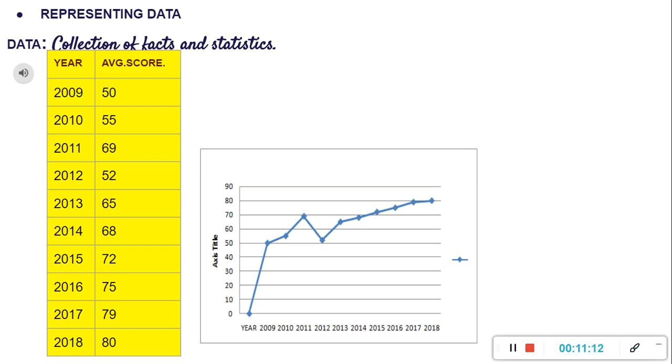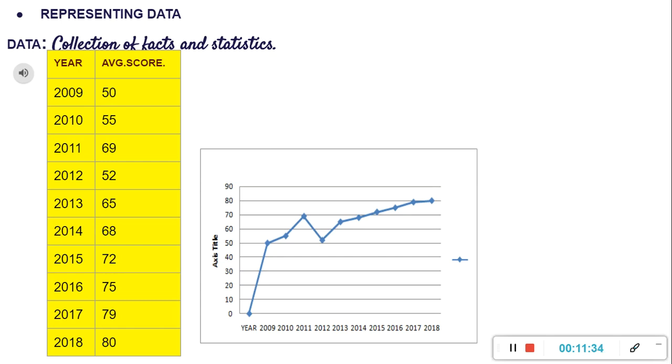Now, looking at this graph, you can say that in the last 10 years, the overall performance or the overall score of the school is gradually increasing. Isn't it? That is what you can say looking at this graph, right?